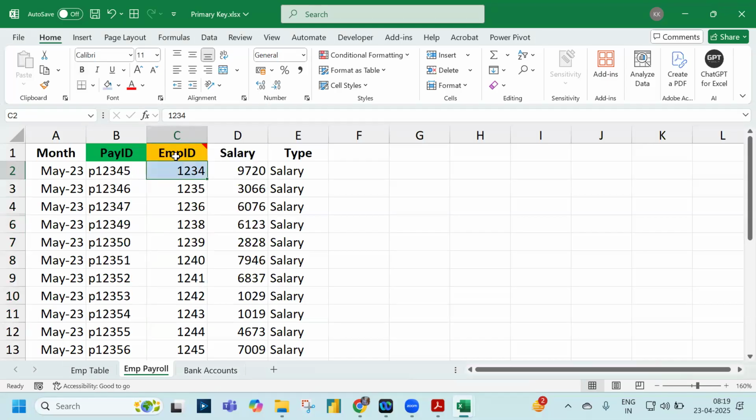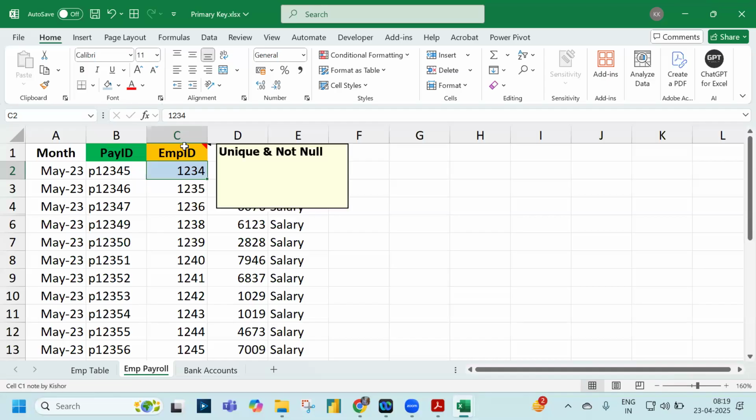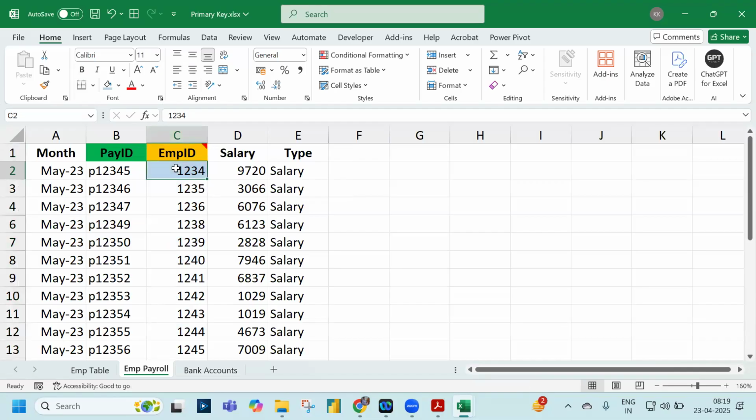Tell me, as per the behavior of this column, nothing but the primary key column, because we just mentioned it is the primary key: 1, 2, 3, 4, can this be repeated in this column once again? In this column, can we repeat 1, 2, 3, 4 if I mark this as a primary key?